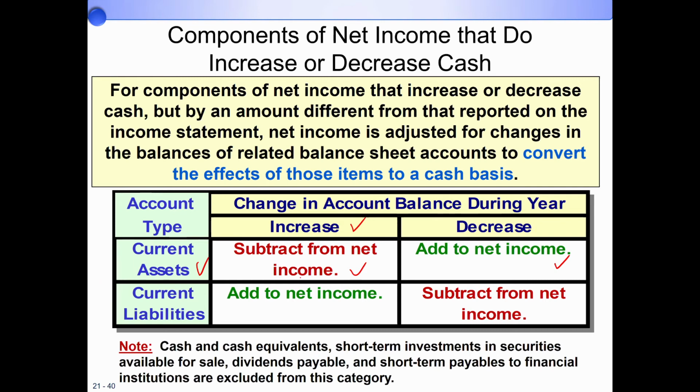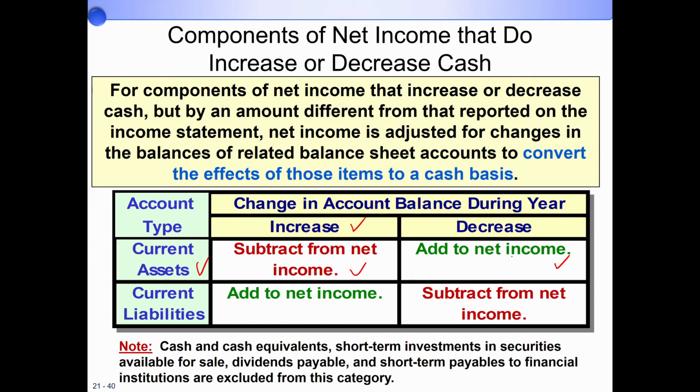So to figure out the cash flow, you need to subtract. Similarly, if accounts receivable decreases, that tells us relatively we receive more payments compared with accrual-based accounting. So that's why you want to add the changes to the net income.